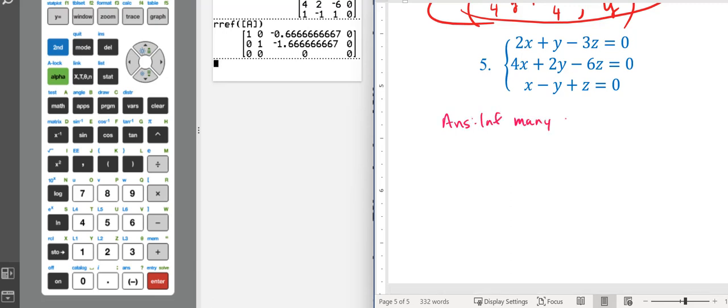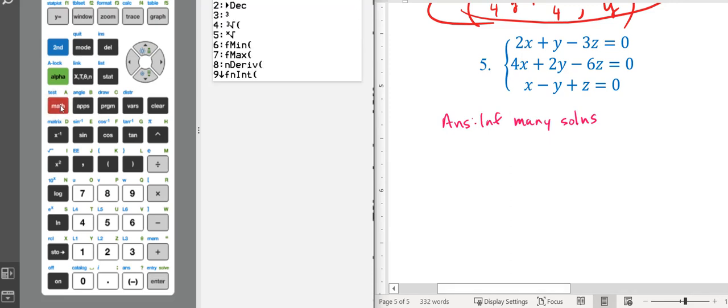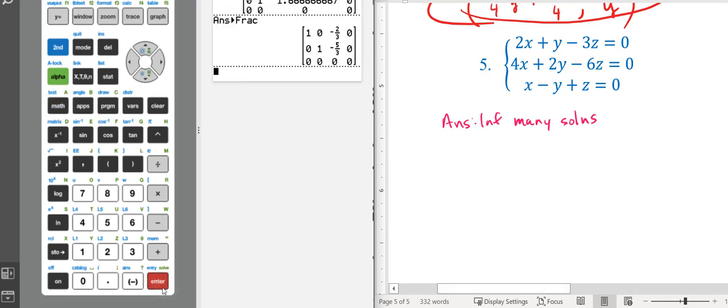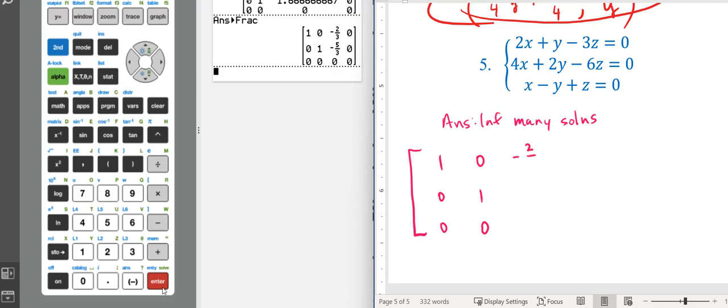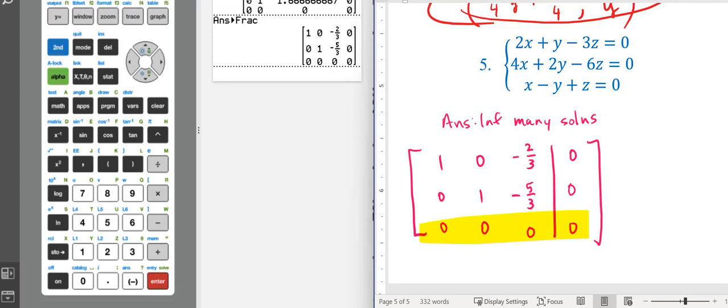Now if you had to go find out what those solutions are, I'm going to do math frac to get fractions, so it's not yucky decimals. 1, 0, negative 2/3, 0, 1, negative 5/3, 0, 0, 0. All right, this gave it away that there's infinitely many solutions.